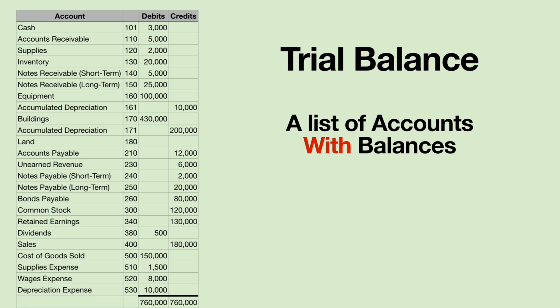Cash, $3,000. We would do a bank reconciliation and prove that number is correct. Accounts receivable, $5,000. Well, how would we prove that to ourselves? We would make sure that we have a list of customers, current customers, that owe us this money. If you can't come up with a list of the people that owe you the money, then you don't really have a good accounts receivable.